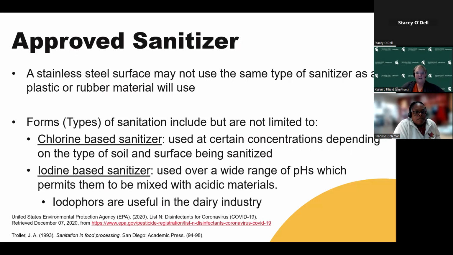Especially in the dairy industry, iodophors may be used to clean in-place systems, which are enclosed cleaning systems. A list of approved sanitizers can be found on the FDA and EPA websites. Links to those websites are listed in your resource tab.